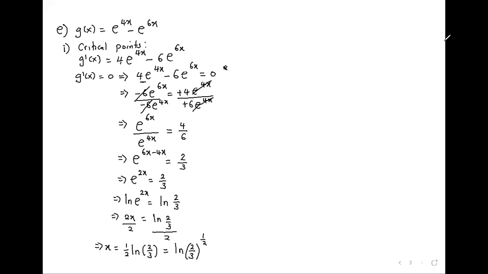So we only have one critical point. How do we find the critical point? We get this value and substitute it in g.